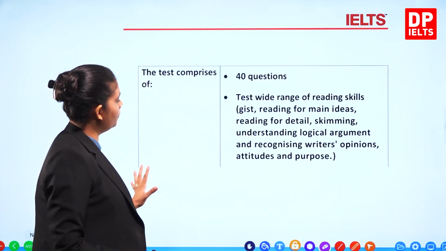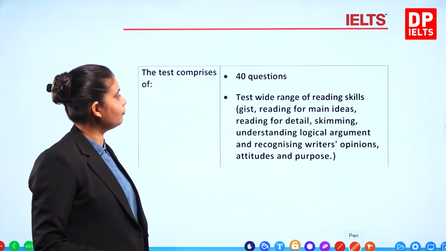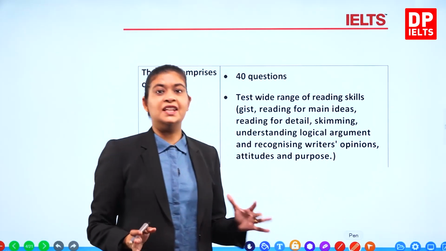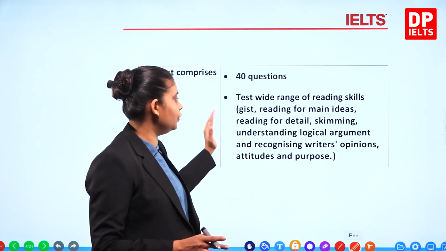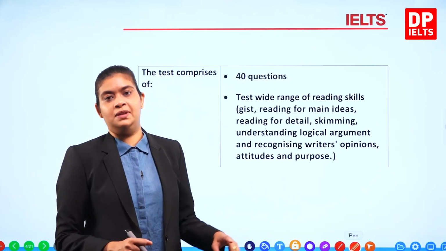So the test comprises 40 questions, right? And the test has a wide range of reading skills. Now I have done these reading skills with you, in terms of beginner and intermediate level.